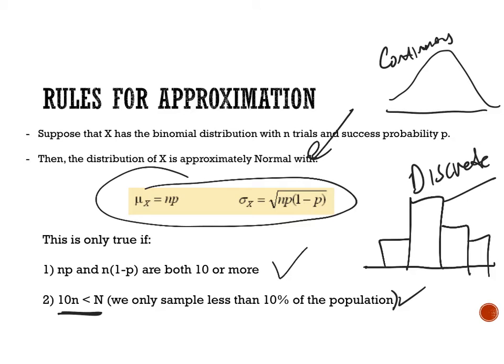The rationale behind 10n being less than capital N is that idea of with or without replacement. So there may be a time where we pick an item out of a large bin. Let's just pretend we've got a bin of 3,400 students, and a success is to pick out somebody who's a senior. So we pick somebody's name out, and that person happens to be a junior.